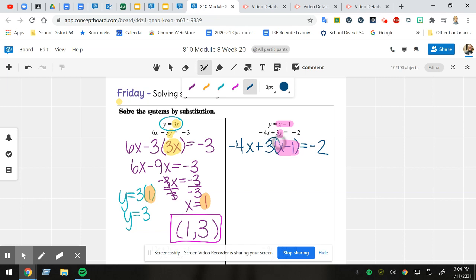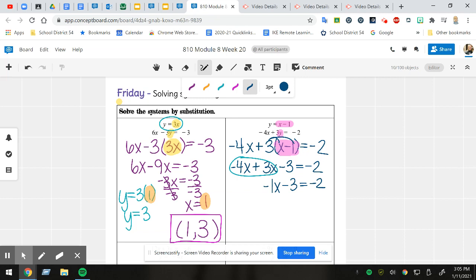All right, you guys know how to do this. We distribute. So this negative 4x stays. 3 times x is 3x. 3 times negative 1 is negative 3. All right, I have some like terms. I'm going to combine my like terms right here. Negative 4x plus 3x is negative 1x, or negative x.